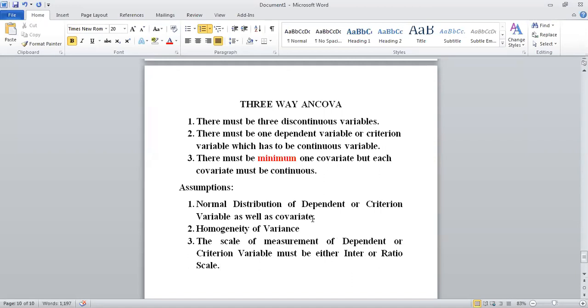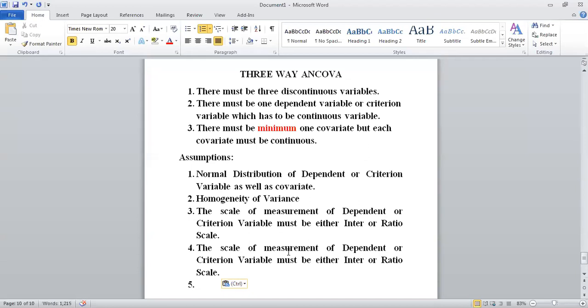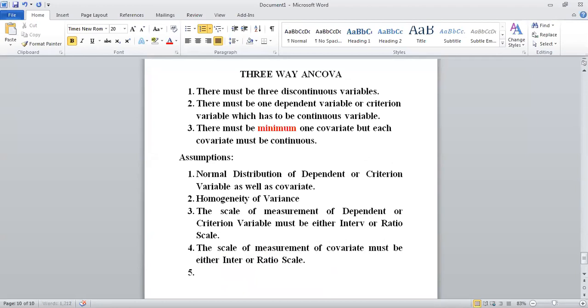And the scale of measurement of the covariate must be either interval or ratio scale. I hope you have understood it.